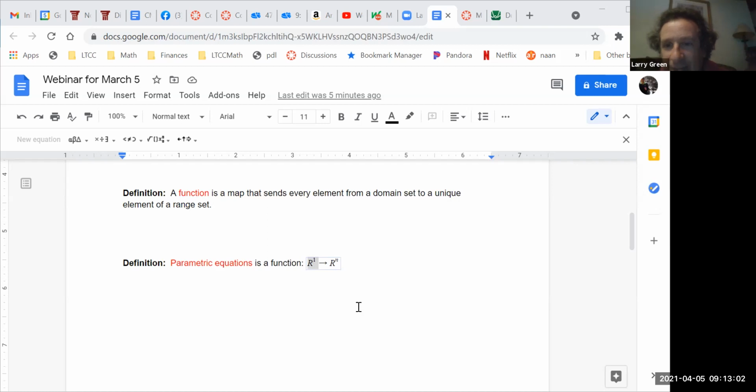Digital audio: domain is time, range is amplitude. Okay. Actually, it's more than that. Range is amplitude and frequency, because the amplitude will tell you how loud you're hearing it, but the frequency will tell you whether it's a high pitch or a low pitch, right?